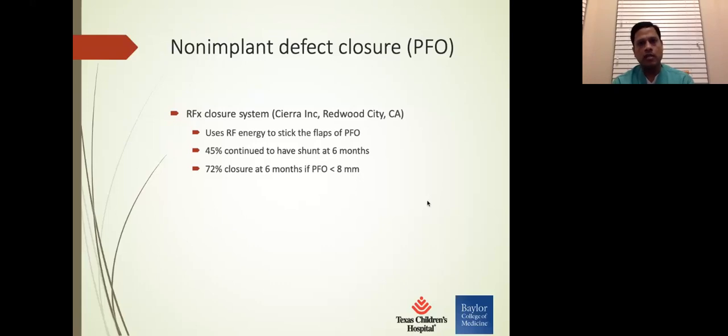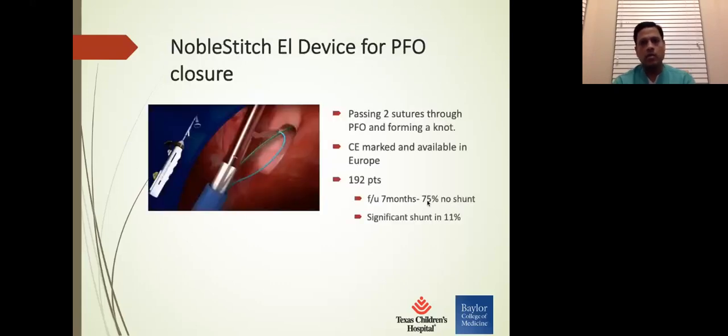There is another system available which is called NobleStitch, which is made by a company called HeartStitch. Again, this is not FDA approved, but it is CE marked, which means it is available in Europe. This works by passing 2 sutures via transcatheter approach across the flap of the PFO and then tightening these sutures, thereby closing the PFO.